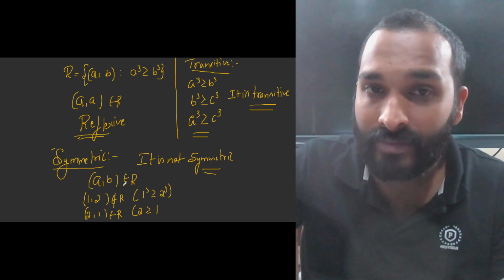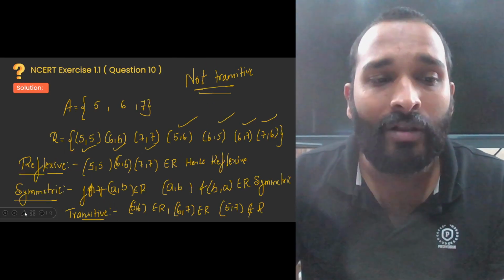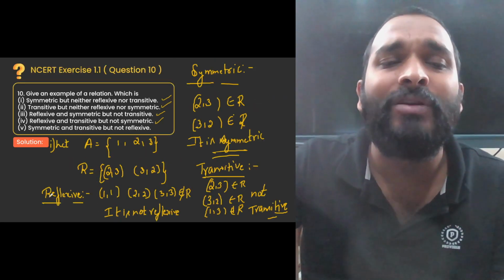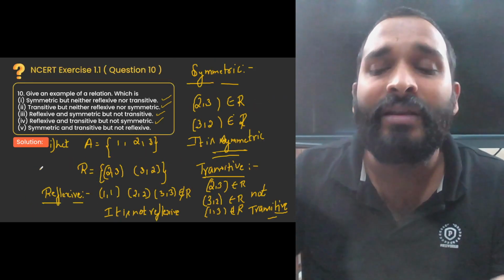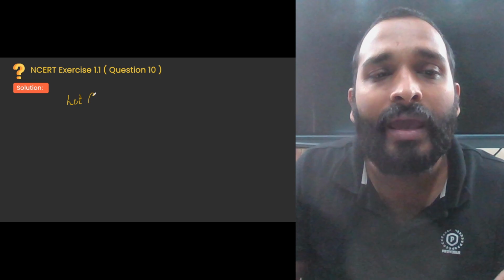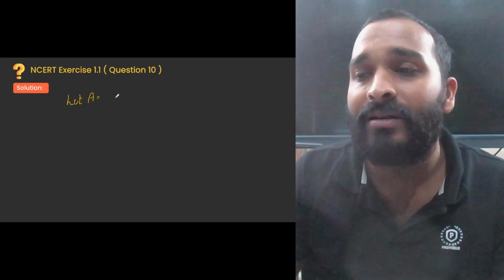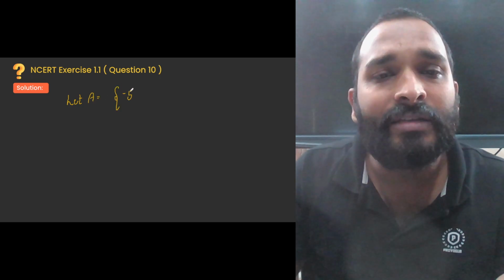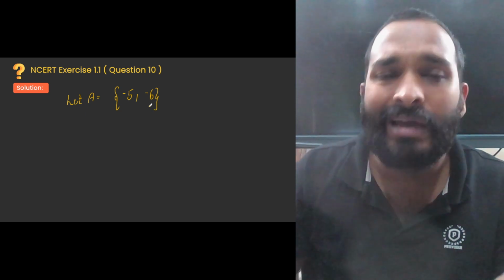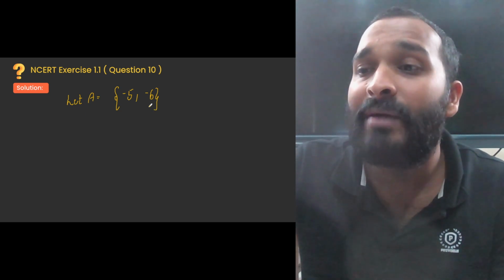Now let us try to solve the last sub question, and my children will be able to solve this because they have already seen a lot of examples. Symmetric and transitive, not reflexive. So take the set, children. Can you tell me what we can do? Let A be a set. I will take the set {-5, -6}. There is a reason why I'm taking this set.